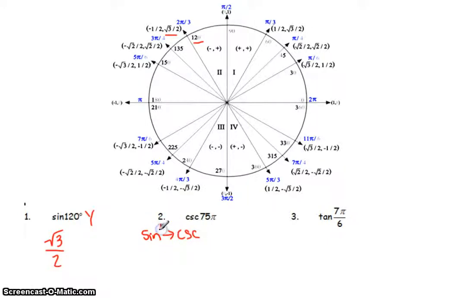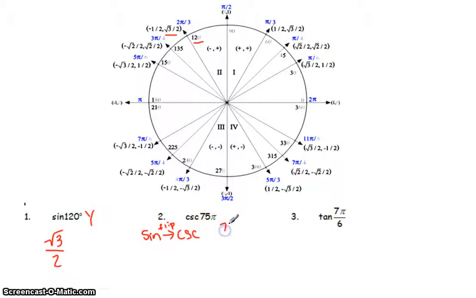So make sure you know that this arrow is going to mean to flip, because it is the reciprocal, and that is what the reciprocal means. Okay, well 75 pi, that's not anywhere on my unit circle. So I had to figure out where on my unit circle it is coterminal with. Remember, coterminal means where it shares the same terminal side.